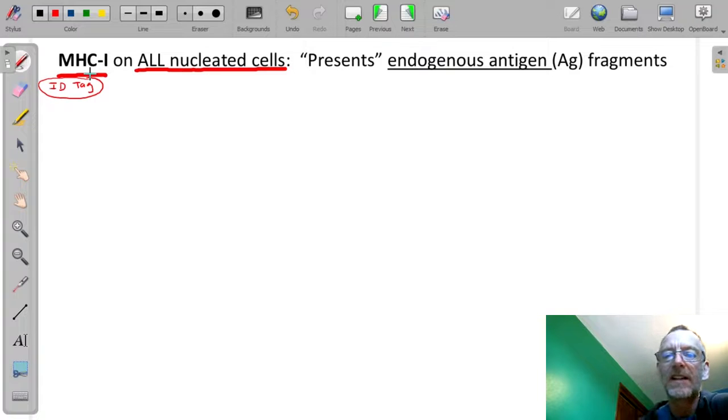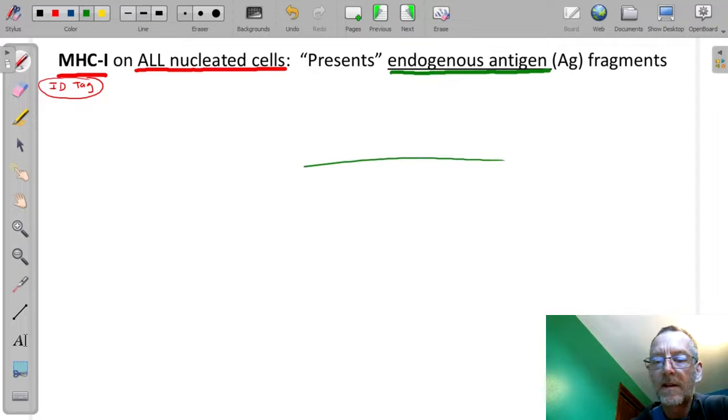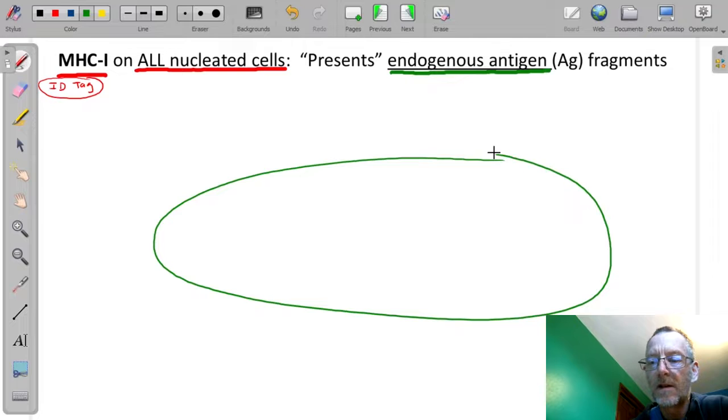The other idea is with antigen presentation. And what we're going to talk about are endogenous antigens. So endo is from inside. So let's start with a cell. And this is one of your body cells that has a nucleus.